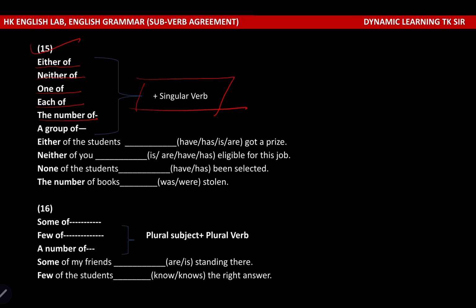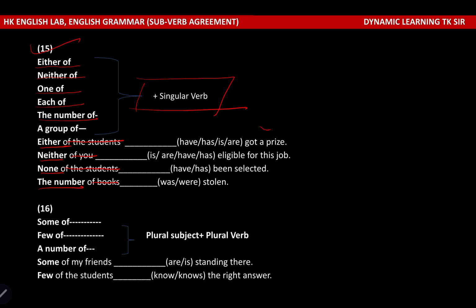Who is the preposition? Of. From that preposition phrase, just erase the rest of the sentence: of the students, of you, of books. Then who is left? Either, neither, none, the number. They all are singular. So what will the right answer be?